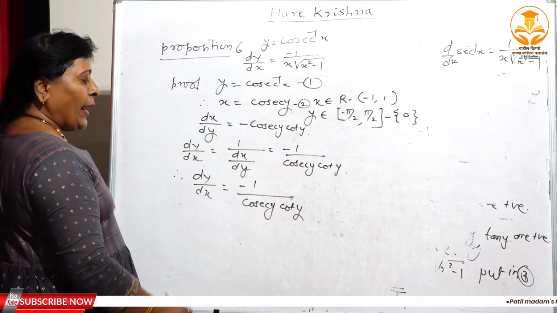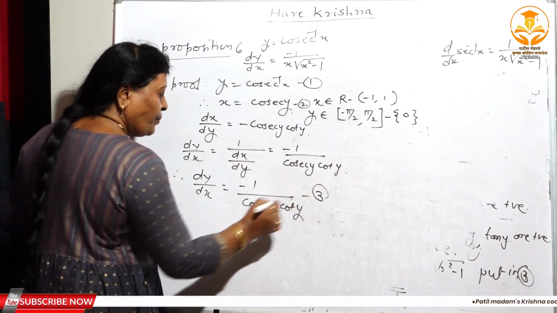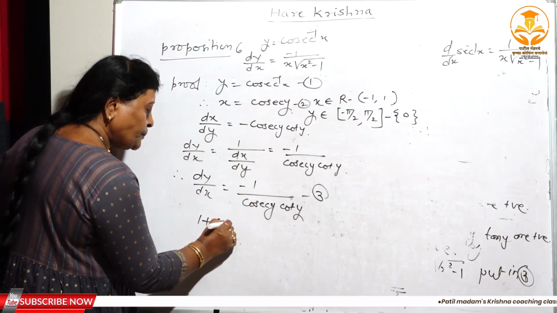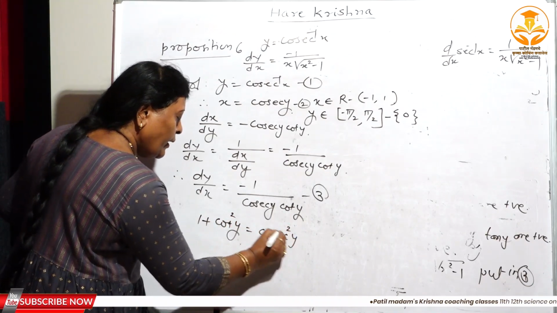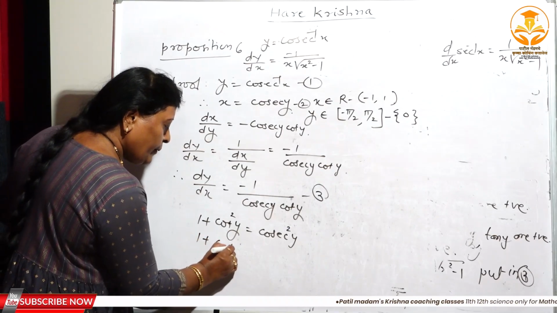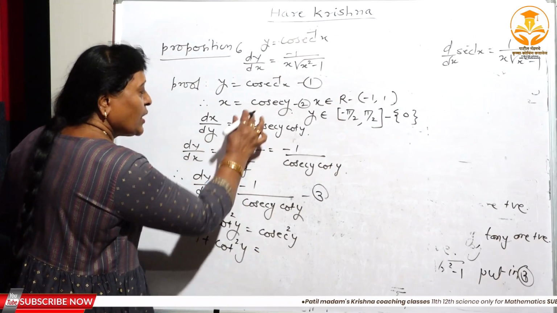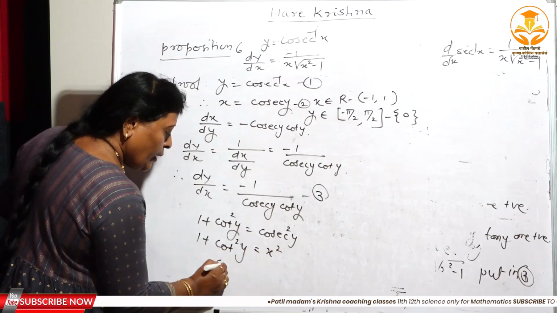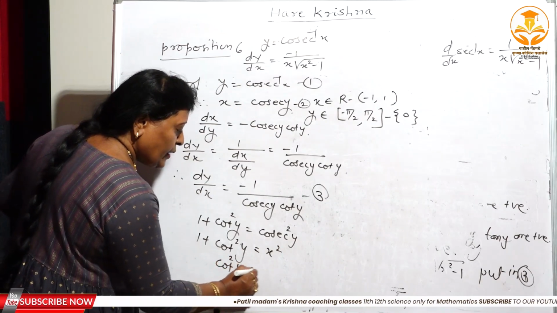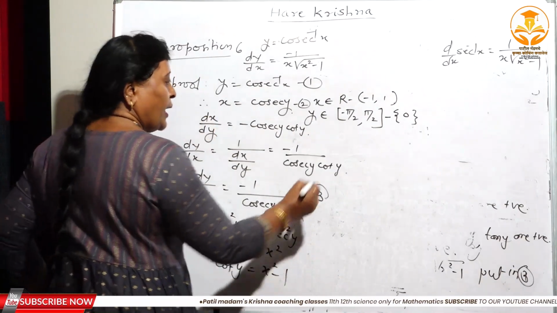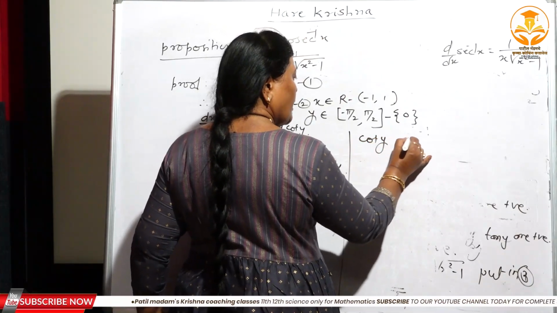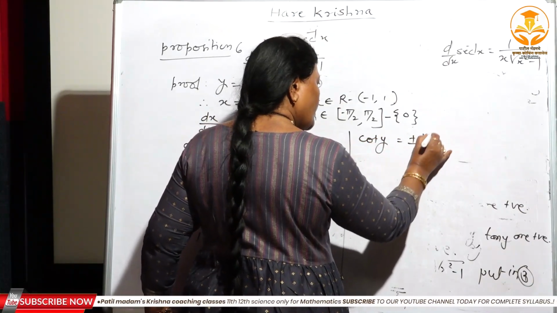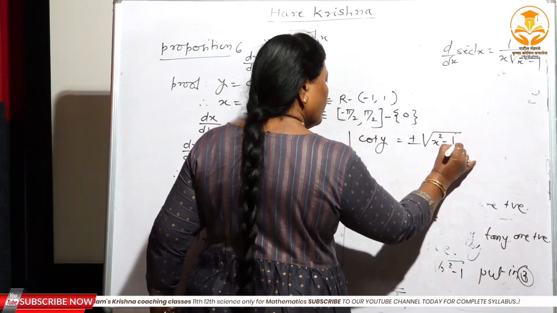Again you have to use the identity, that is the third one, 1 plus cot square y is equal to cosec square y, right? Therefore 1 plus cot square y is equal to x square. Therefore cot square y is equal to x square minus 1. Therefore cot y is plus minus root of x square minus 1.